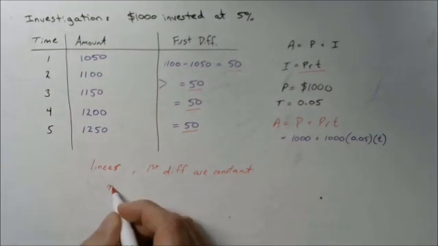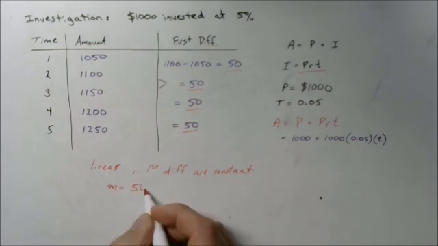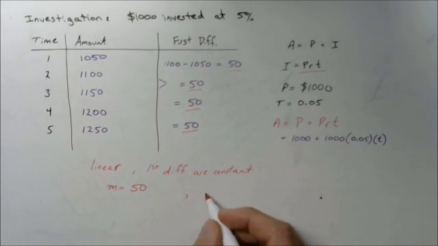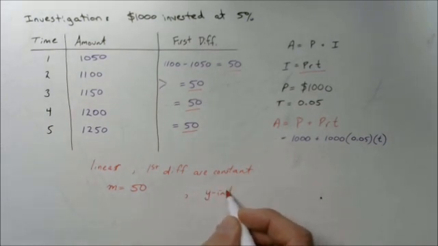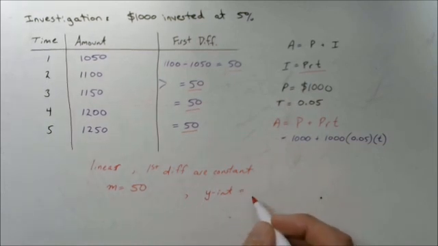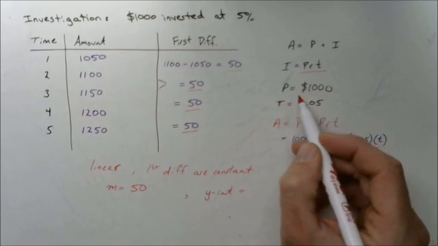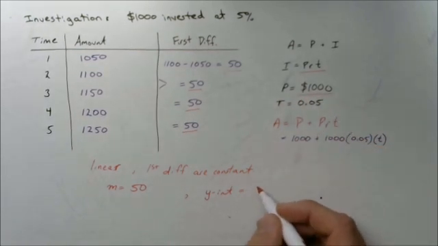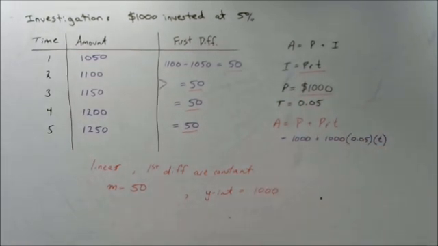So we have a slope, that's m, of 50. Well, the y-intercept, if you remember back to direct and indirect variation, that's a grade 9 term, that's the amount that you started with. So if we were going to graph this, we'd start at a value of 1,000. So that's our y-intercept.